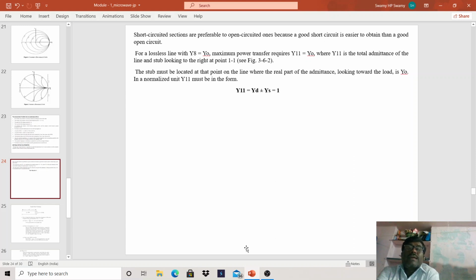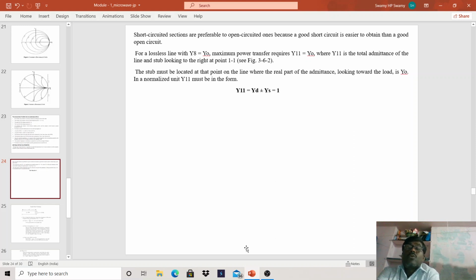For a lossless line, admittance Y is equal to Y0. Maximum power transfer requires Y11 equal to Y0. Here Y11 is the total admittance of the line and stub looking to the right at point 11, as shown in the figure.